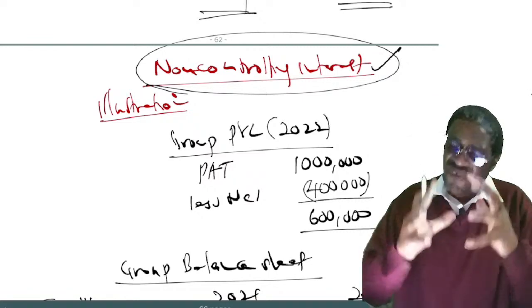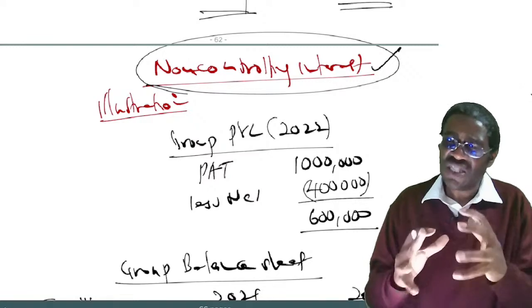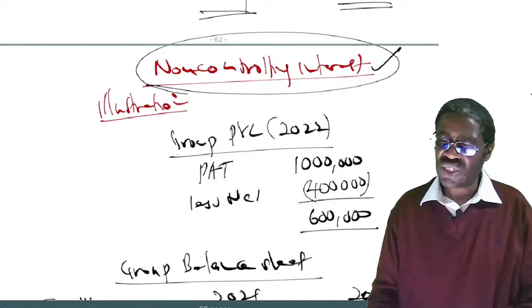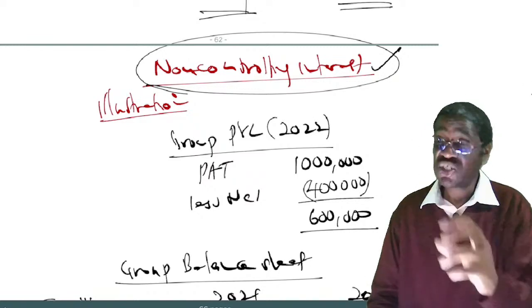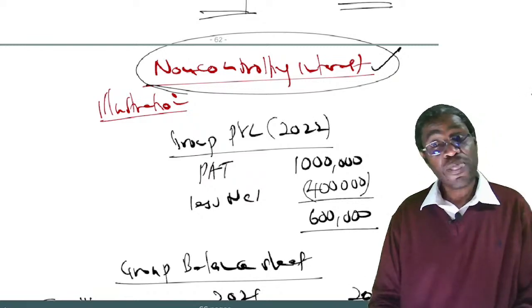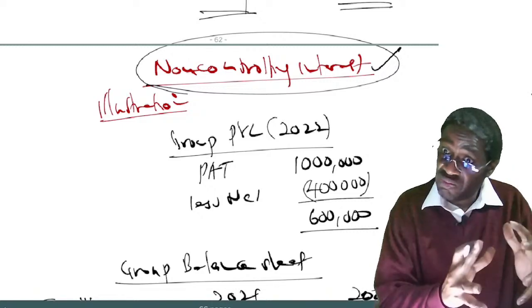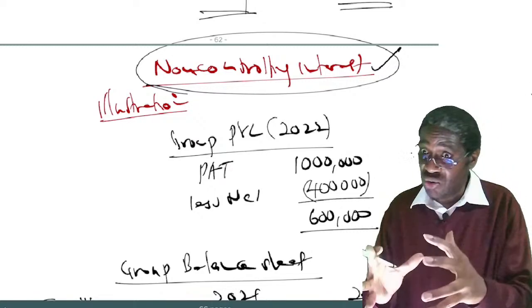Their interest in the group, as far as cash flow is concerned, how do you account for their interest? The 30% shareholders.